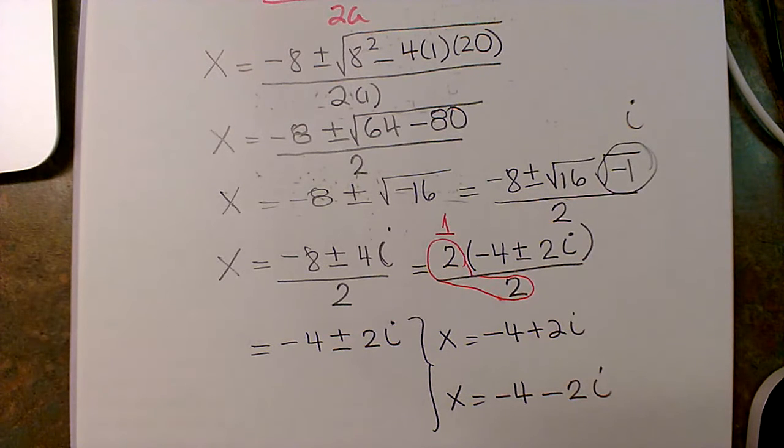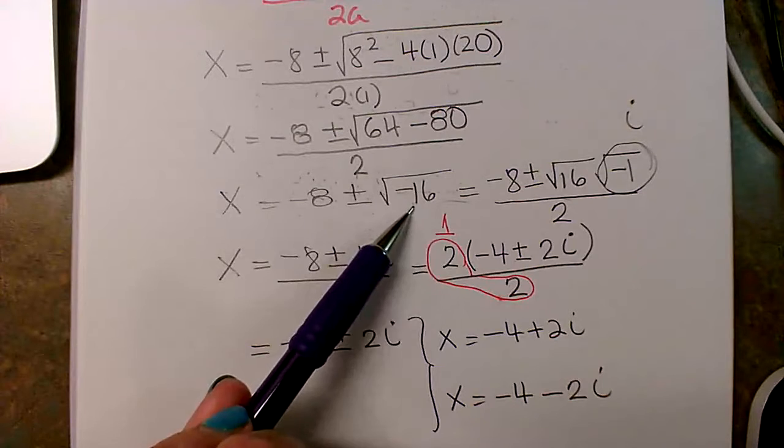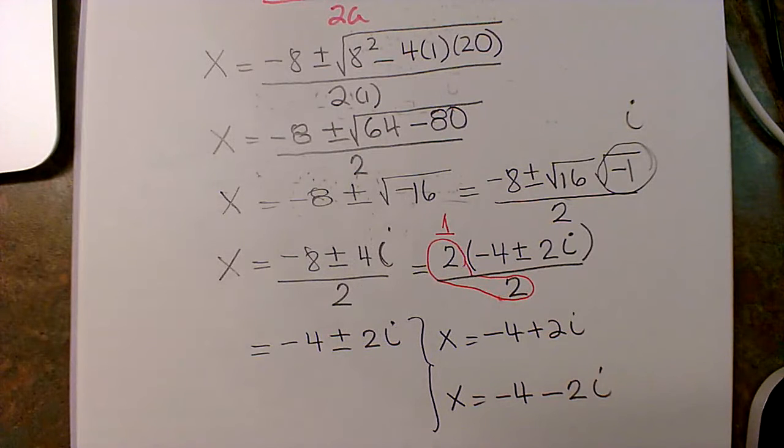Take a look at this one because I do have another one with I. Let's do it. So the I was here because we have the negative square root of negative 16.